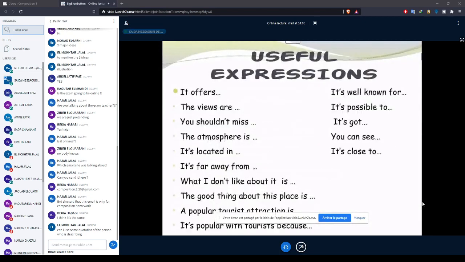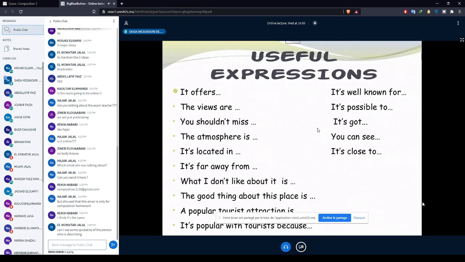And then useful expressions that you may use. The views are splendid. You shouldn't miss the marketplace. The atmosphere is, I don't know, very warm. It's located in whatever. It's far away from Rabat. What I don't like about it is the wind.